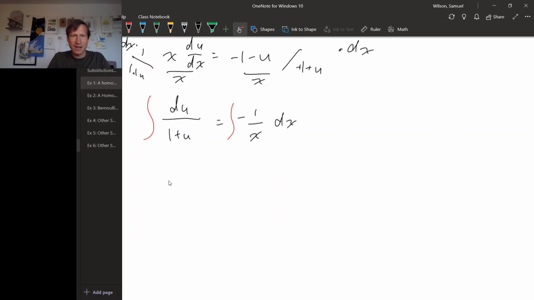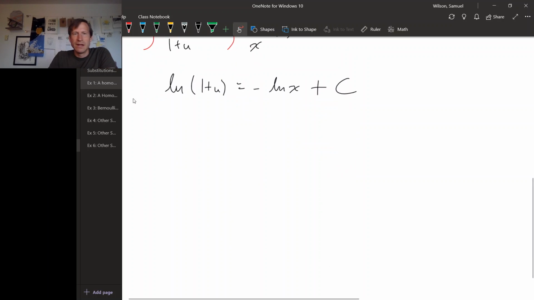On the left-hand side, we get natural log of 1 plus u. And on the right-hand side, we get minus natural log of x plus a constant. Don't forget your constant of integration. Now we need to find u, so exponentiate.